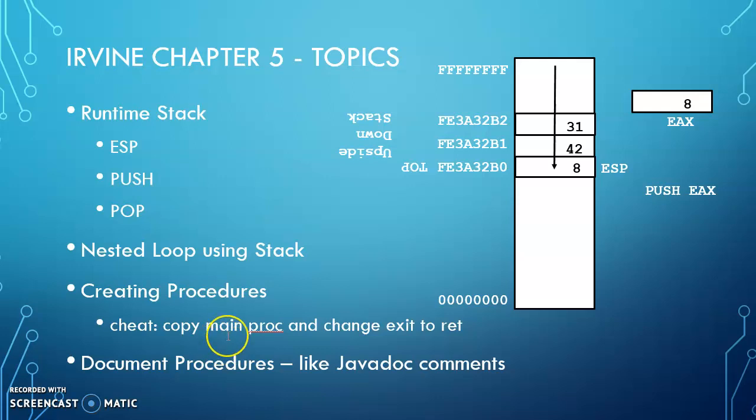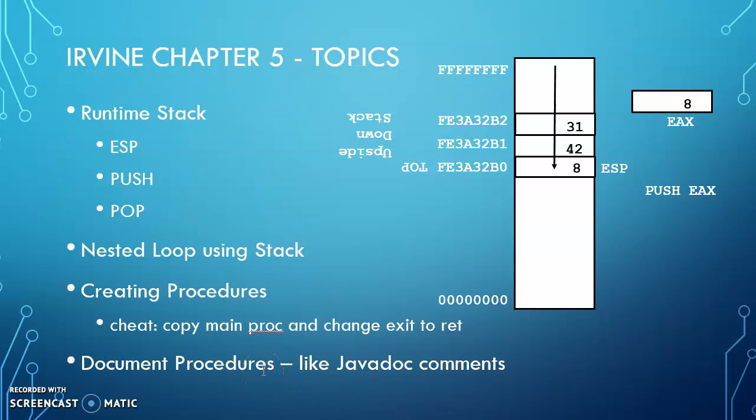Well, what we'll see for creating a procedure is the name of the procedure, proc, the name of the procedure, endp, but the last thing of the procedure will be a return to go back to where we came from. So we'll see a peek at creating procedures. There'll be another video that goes into that.